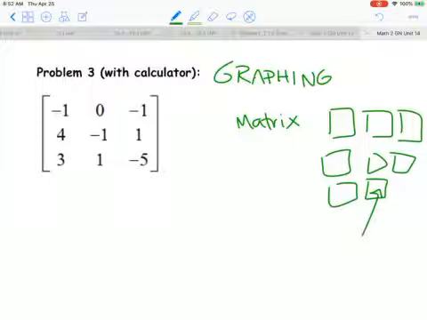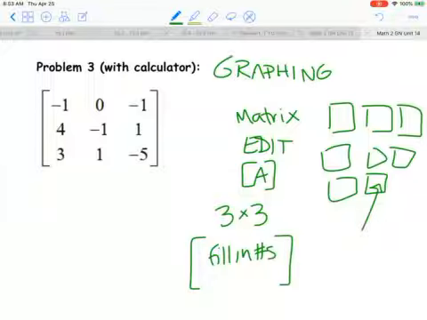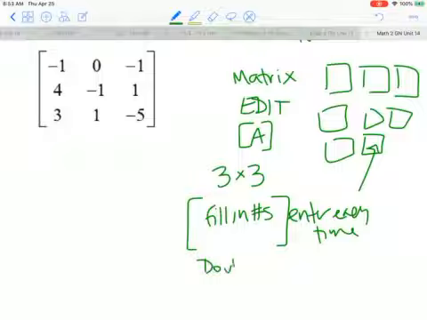Okay, so you click on it and then go over to edit and click A. And then when it asks you for how big, type in 3x3 and use arrows to get that over. And then you just fill in all your numbers. So you fill in and you just push enter each time. Make sure, and then also double check your numbers.